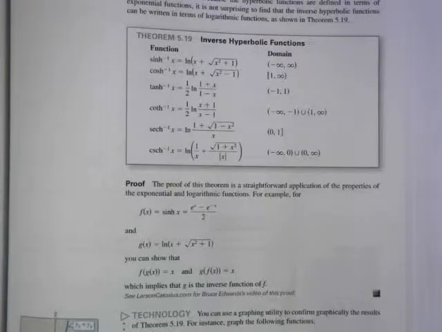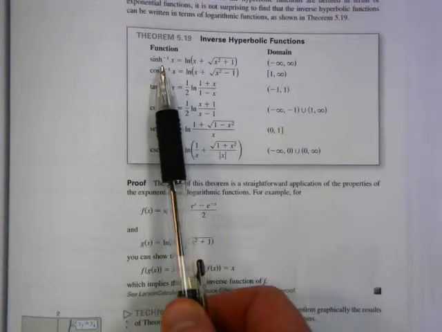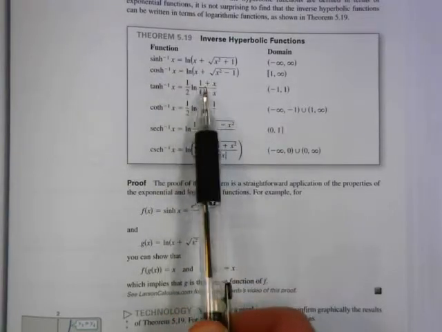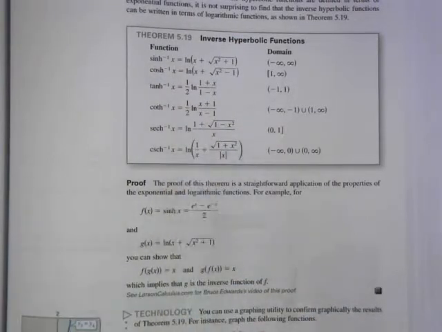How did we define hyperbolic sine to begin with? It was defined in terms of functions of e. What's the inverse of a function with an e in it? A natural log. So it should be of absolutely no surprise that the hyperbolic inverse functions are all defined in terms of ln's, because the hyperbolic functions were all defined in terms of e's.